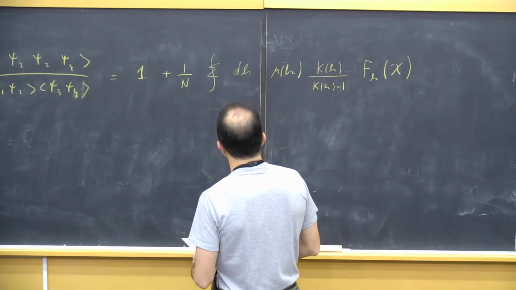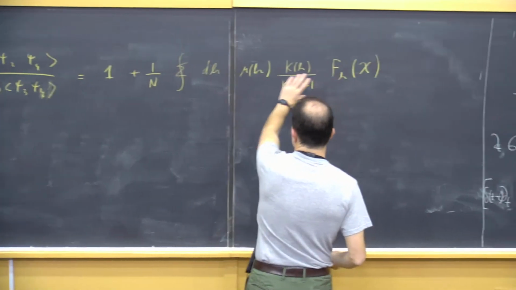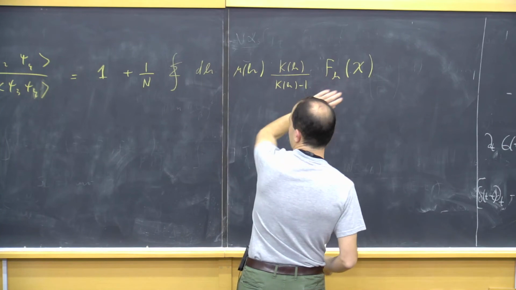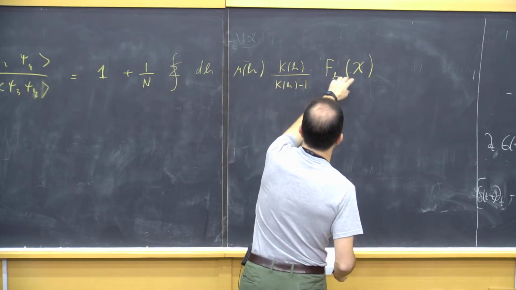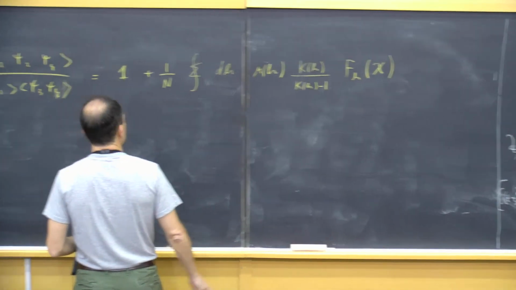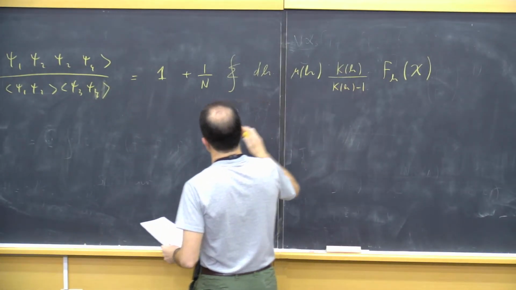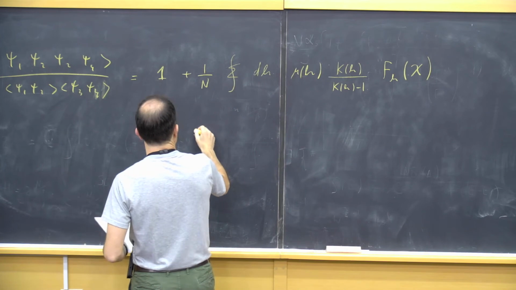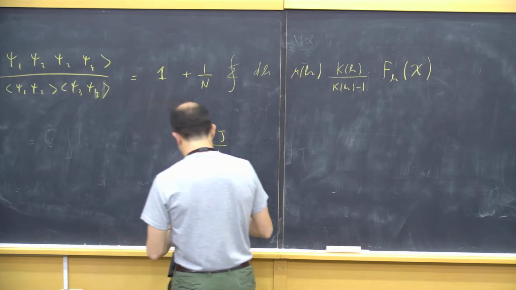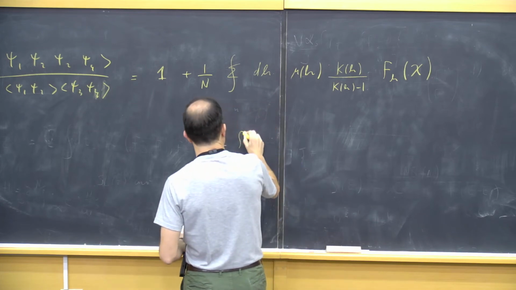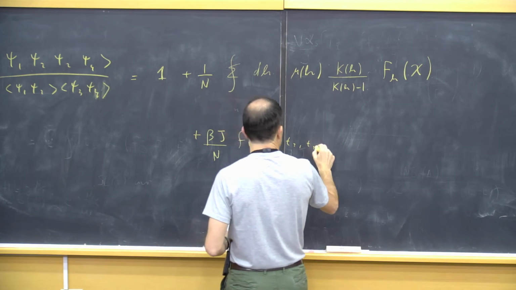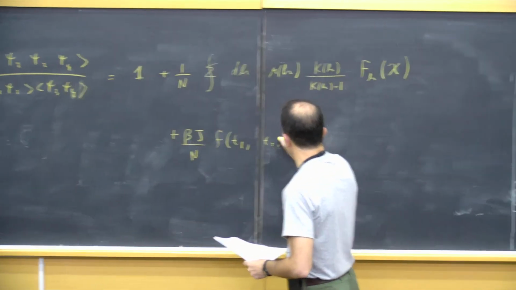First of all, this leading term is a function of the cross ratio of T1, T2, T3, and T4, but independent of beta and j. But this divergence gets regulated by that action, and we end up with something of the form beta j over n, and then some particular function of T1, T2, T3, and T4, that I'll explain how to calculate in a second.